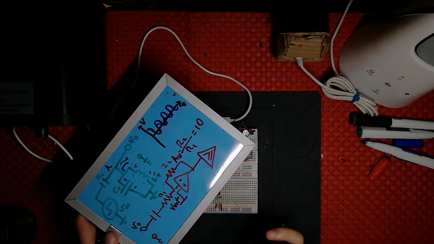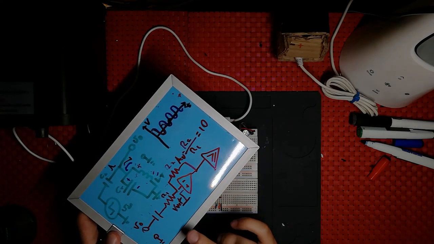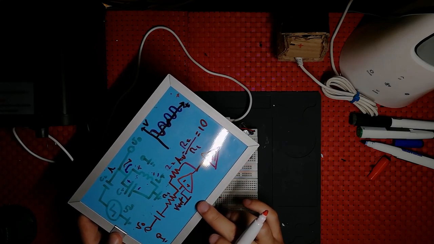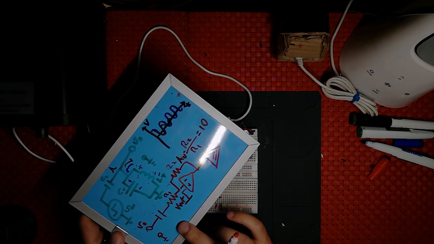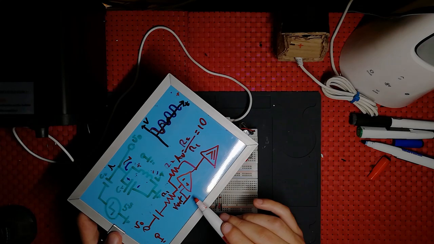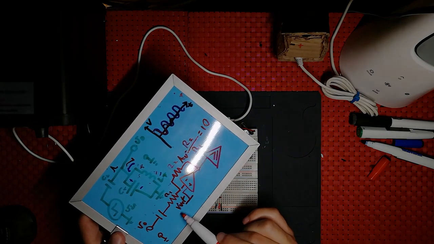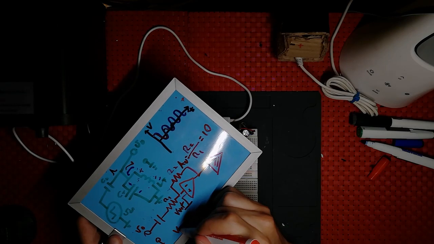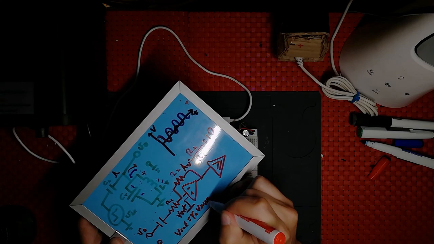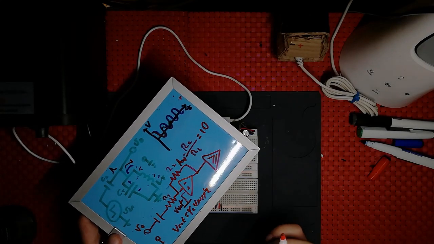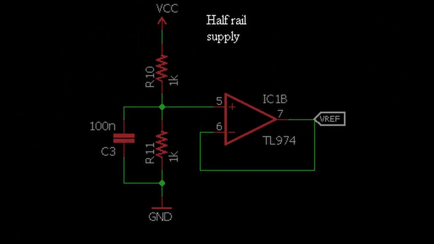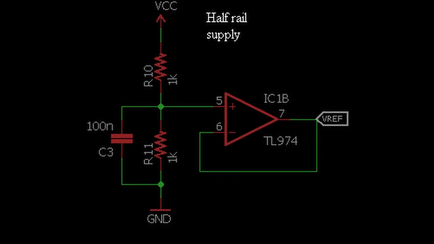The problem is that I'm using a DC voltage supply, so the op-amp cannot go rail to rail if my signal goes below 0 volts. So I'm going to include the Vref, which is pretty much half the voltage supply, and I'm generating it with another op-amp as a voltage follower with two resistors of almost the same value.